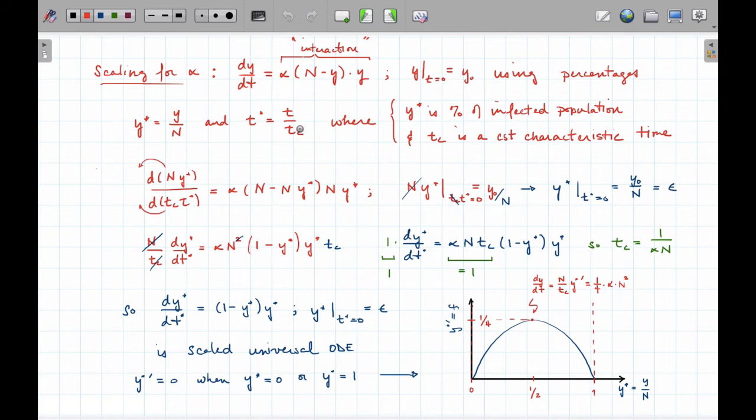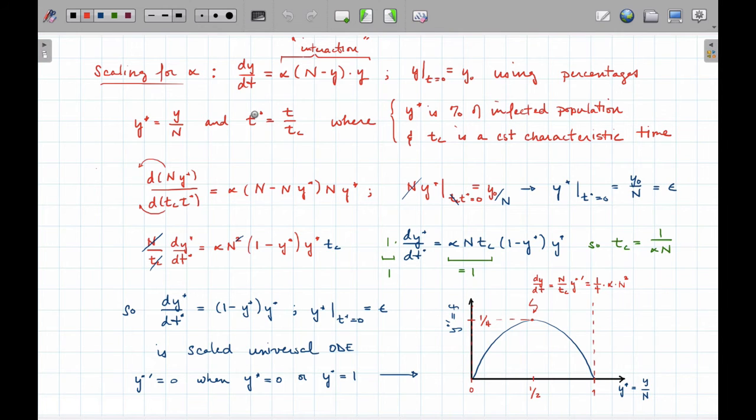We'd like to allow the problem to tell us what tc is, in terms of our other parameters. So tc is a constant characteristic time that's going to be determined by our problem once we substitute for y and t in terms of the scaled percentages y star and t star.